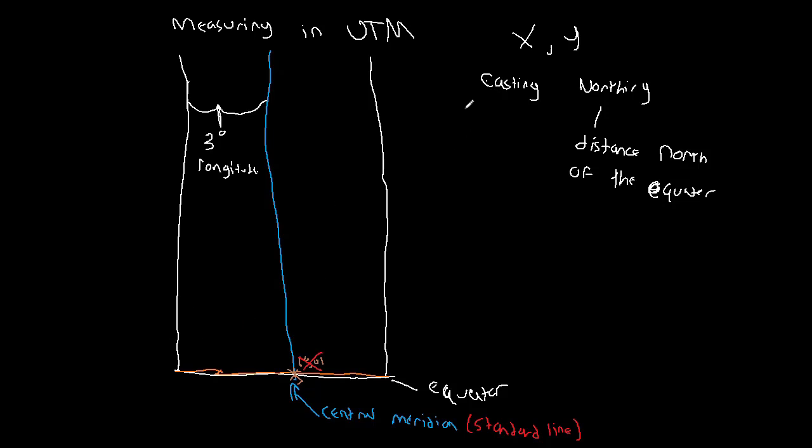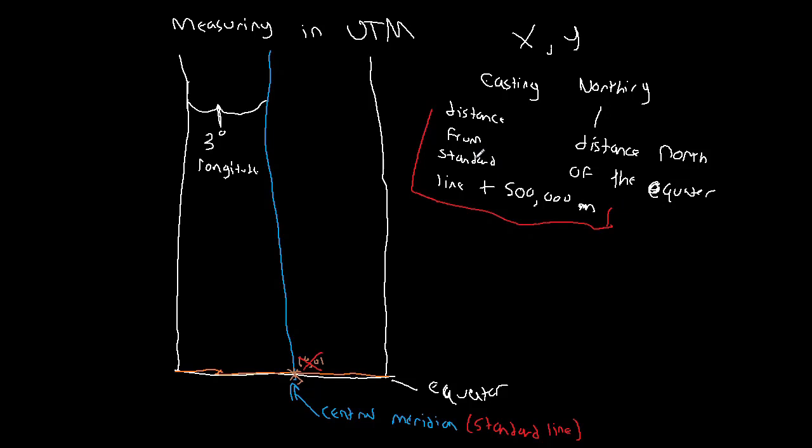So the easting is the distance from standard line plus 500,000 meters, right?